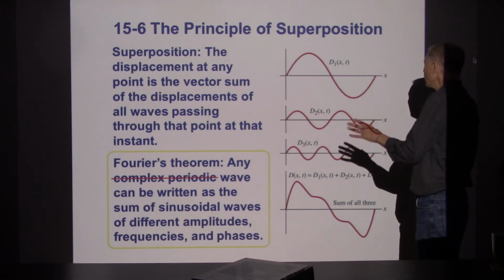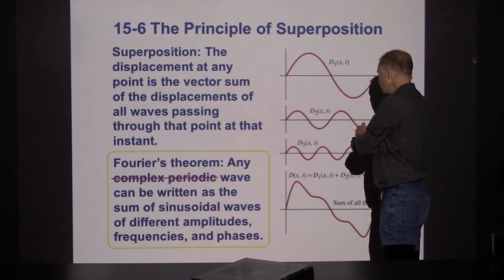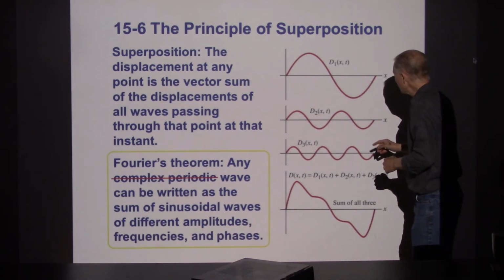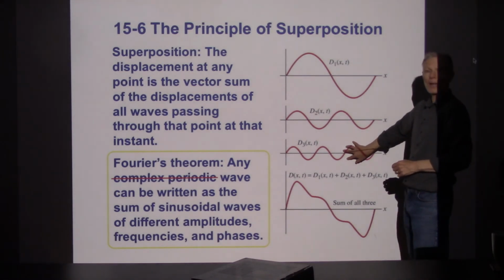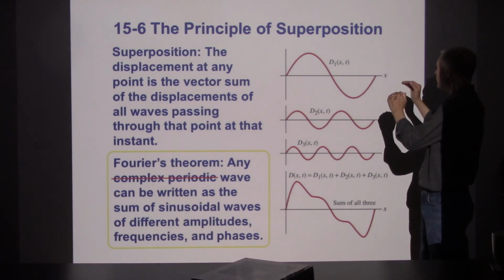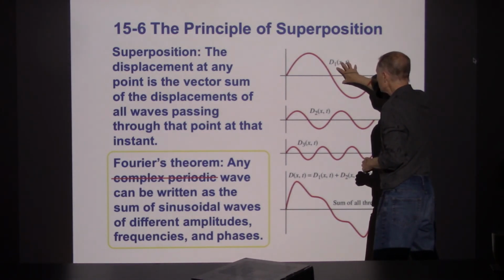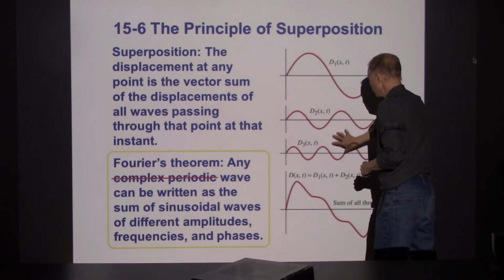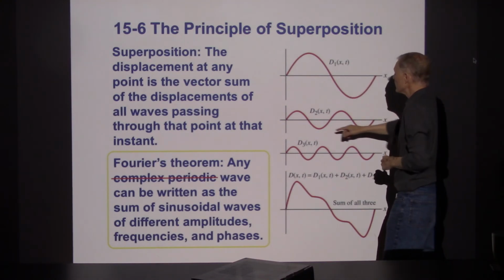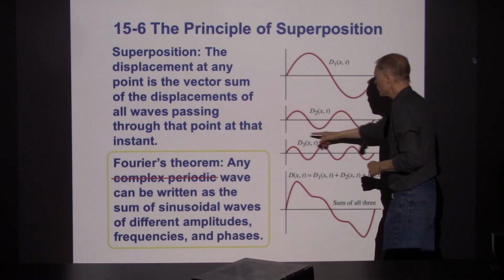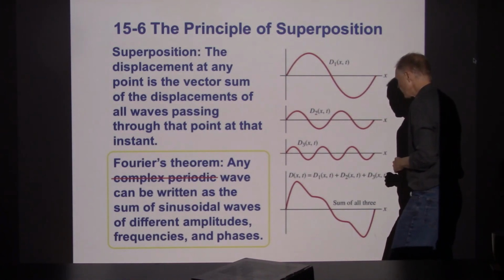Now we're assuming they all travel at the same speed, so this would represent a higher frequency and a higher wave number. I can just look at this and say, within the same distance, this is only one cycle, this is 2 full cycles, that's 3. That's fewer radians per meter, and this is more radians per meter. So the k number is going up, and the frequency is also going up.